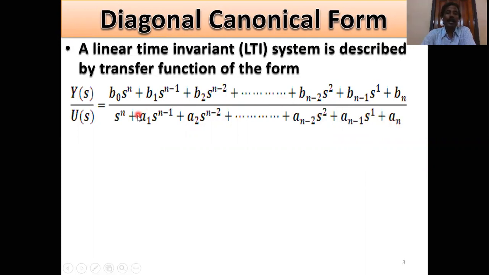So this is an nth order differential equation or nth order system, and the polynomial contains n roots or n eigenvalues, because the power of s is n.